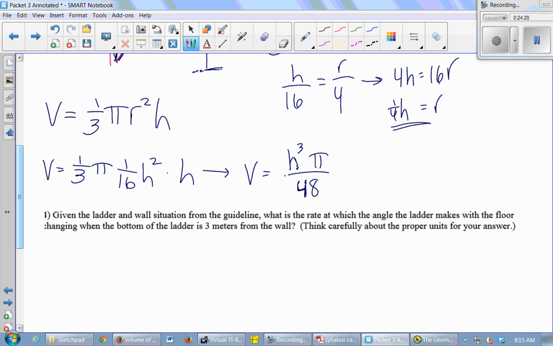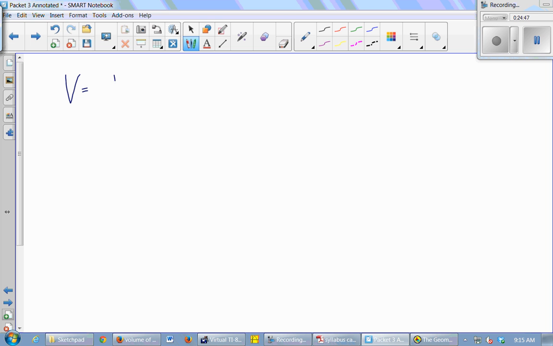All right, now I have a nice equation that relates my important variables, volume and height of the water. Now I implicitly differentiate. Volume is pi over 48 times h cubed. So now I take d/dt of both sides.